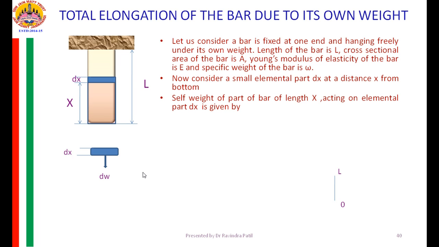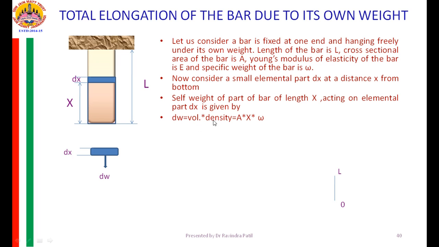Weight is equal to volume of the material multiplied by the density, that is, W is equal to the volume times the specific weight. Yes, dw I want to calculate.